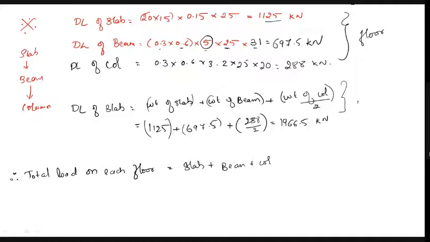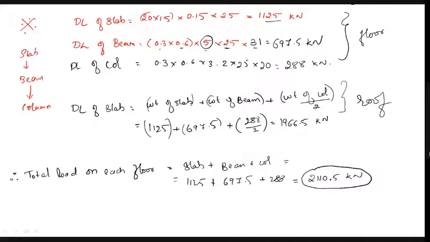This is for roof. Correct. Now for floor it will be 1125 plus 697.5 plus 288. Okay. It will be equal to 2110.5 kilonewton.